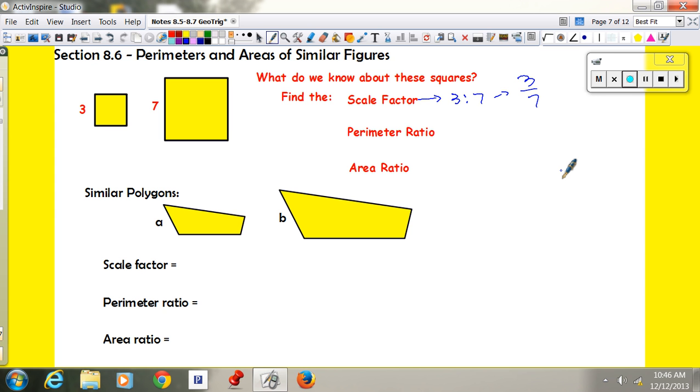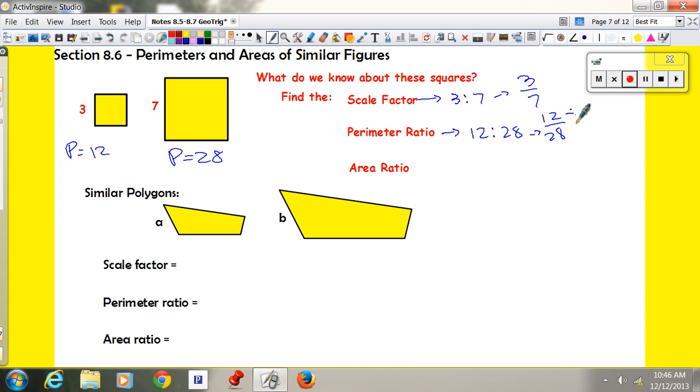Let's find the perimeter of these two. What's the perimeter of this first one? 3 plus 3 plus 3 plus 3, or 3 times 4? 12. And the perimeter of this one, 7 times 4? 28. So my perimeter ratio would be 12 to 28, or I could put 12 over 28. But we want to make sure we reduce ratios.